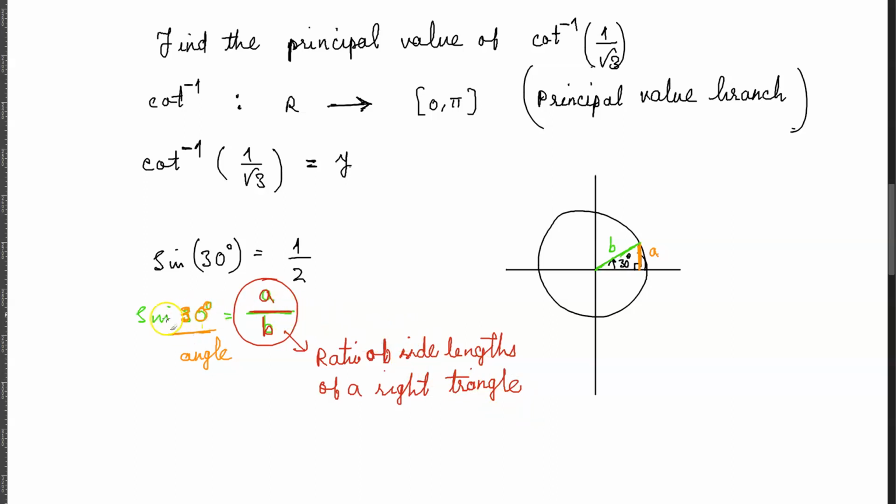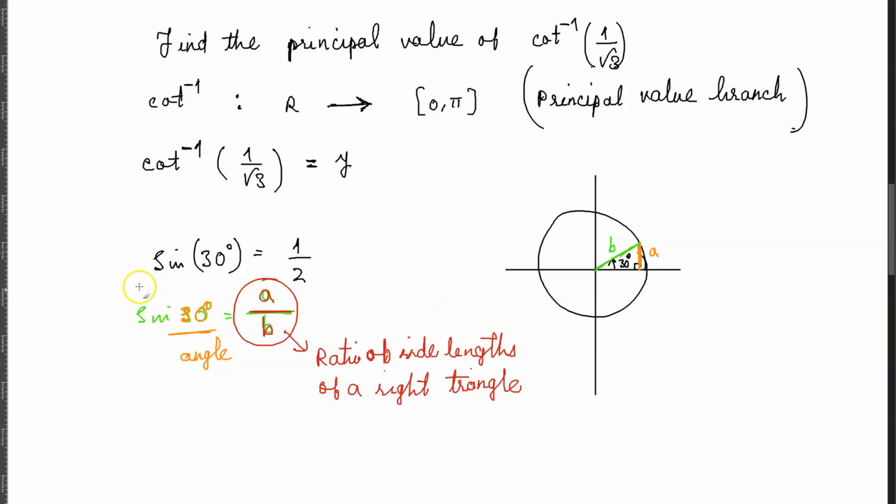Which means the sine function accepts an angle from you, and it gives you the ratio of the side lengths of a triangle in which that angle lies, or in which that angle lives, right? Which means that the output of the sine function is always some ratio between 0 and 1, or between -1 and 1, meaning some value like 0.5, 0.7, 0.8, or -0.5, -0.8, and so on and so forth.